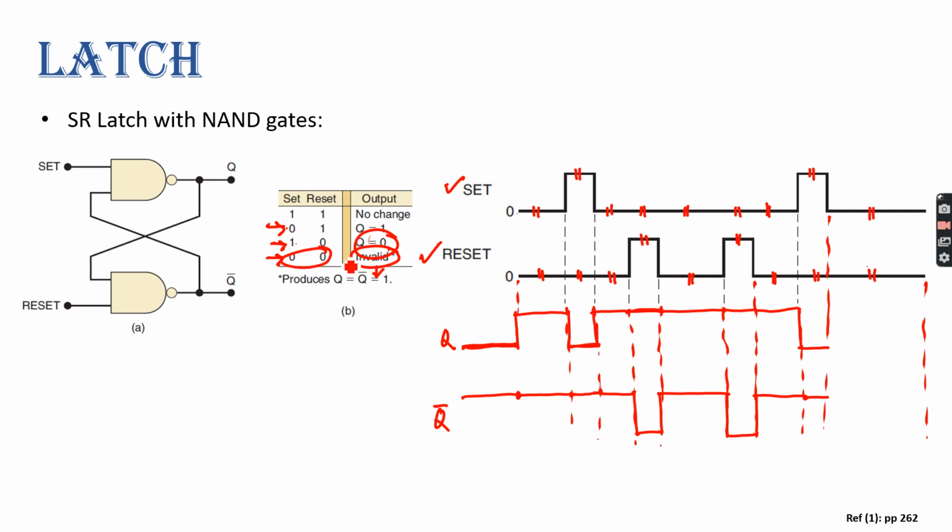So if both are 0, this is an invalid condition, meaning this will go to 1 and this will go to 1 as well. That will be the output. Is there any confusion? No, sir. Is there any portion that needs any clarification?